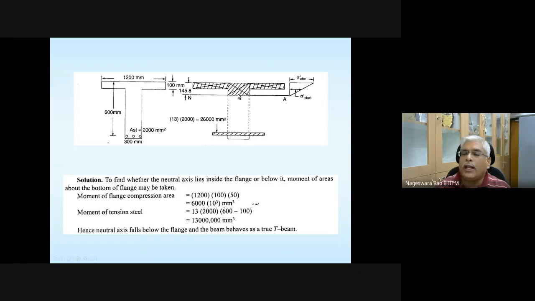So what is the total area in compression now? 1200 minus 300 divided by 2, multiplied by 100, and 2 times that because 2 rectangles are there, plus the area of this, 300 multiplied by n.